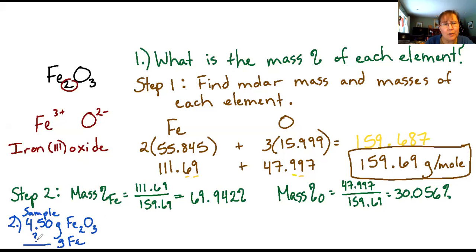That's a common problem. I would take my sample size, 4.5, and multiply it by my percent, 0.69942. I can only have 3 significant figures here, so I would find that I have 3.15 grams of iron.